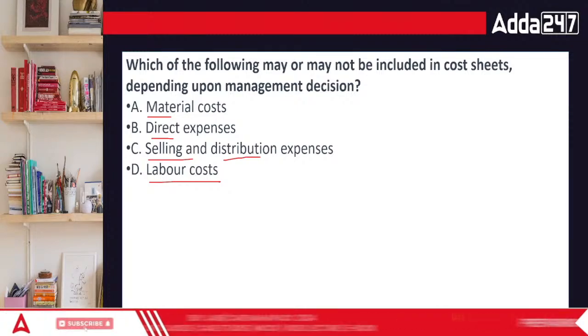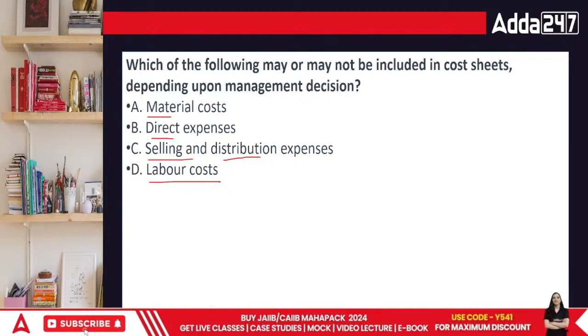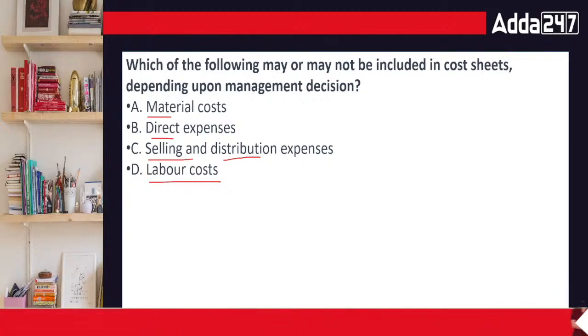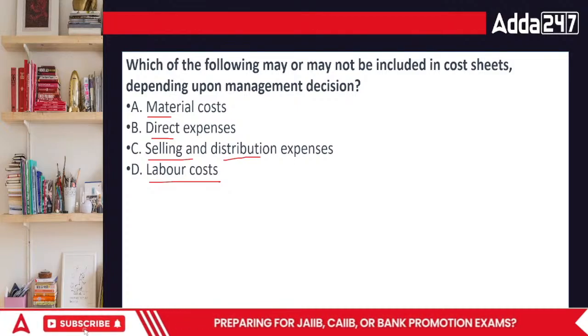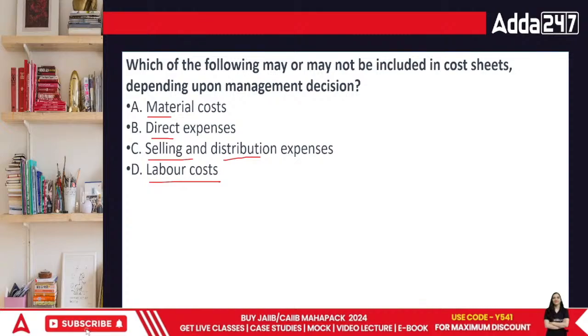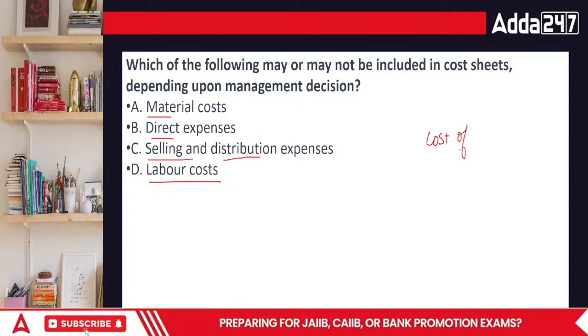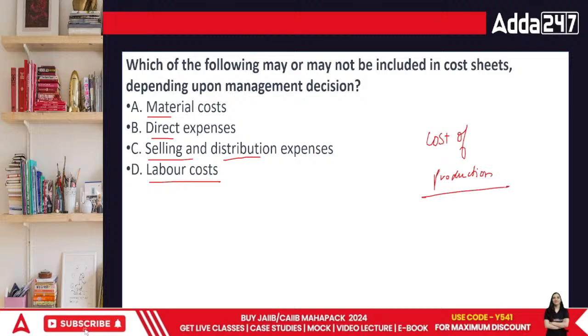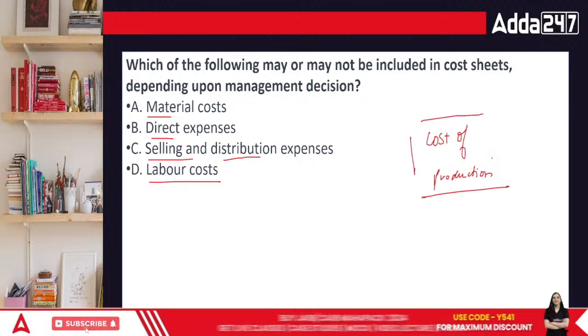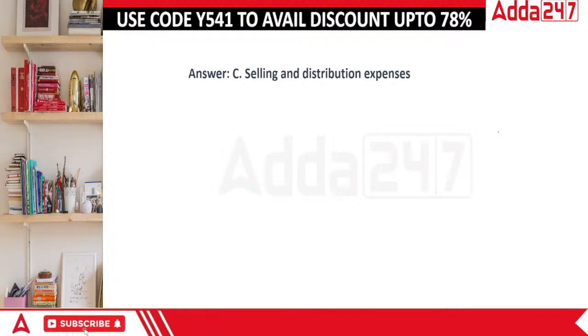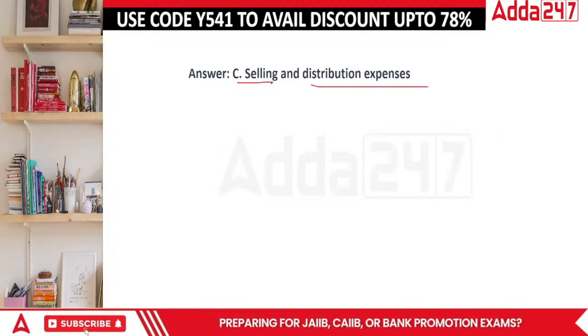Which of the following may or may not include cost sheet, everyone? Selling and distribution expenses. Material cost, direct cost, labor cost, this is related to the cost of production. Anything which is related to the cost of production will be included in this. And that is selling and distribution expenses.